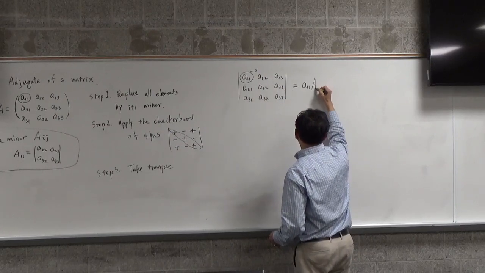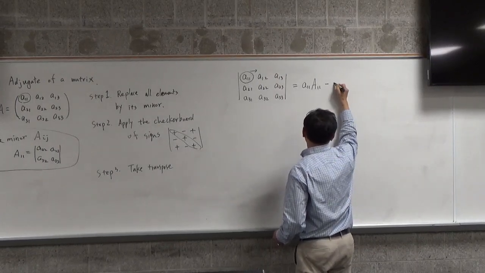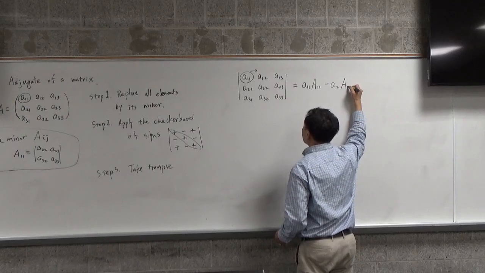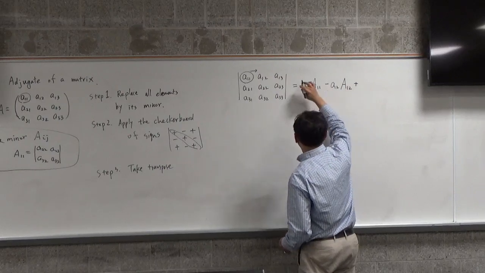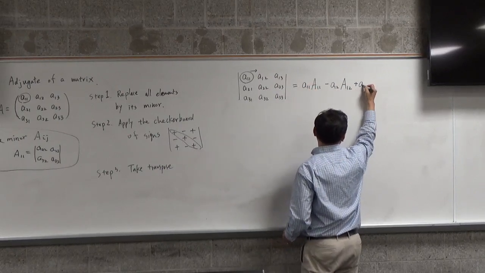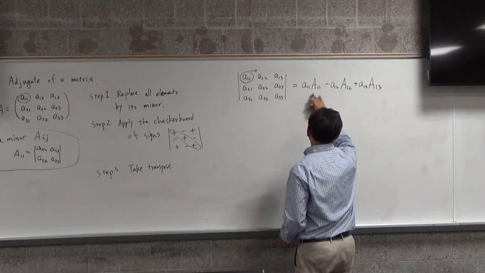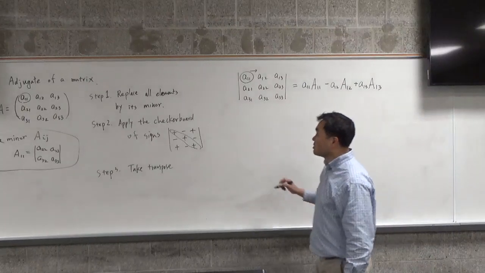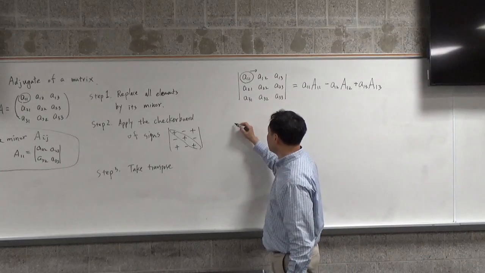So it'll be capital A11 minus, because of the checkerboard of signs, A12, capital A12, and then plus, again for the checkerboard of signs, plus minus plus, A13, capital A13. So that's how you write down the determinant.